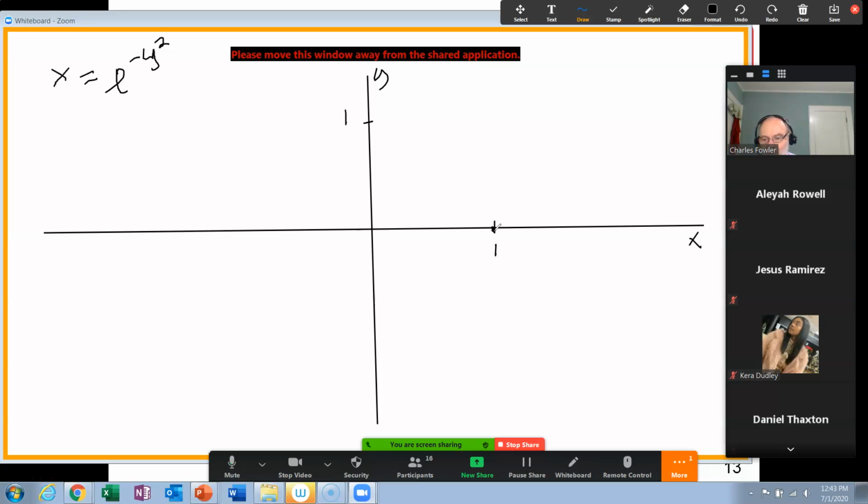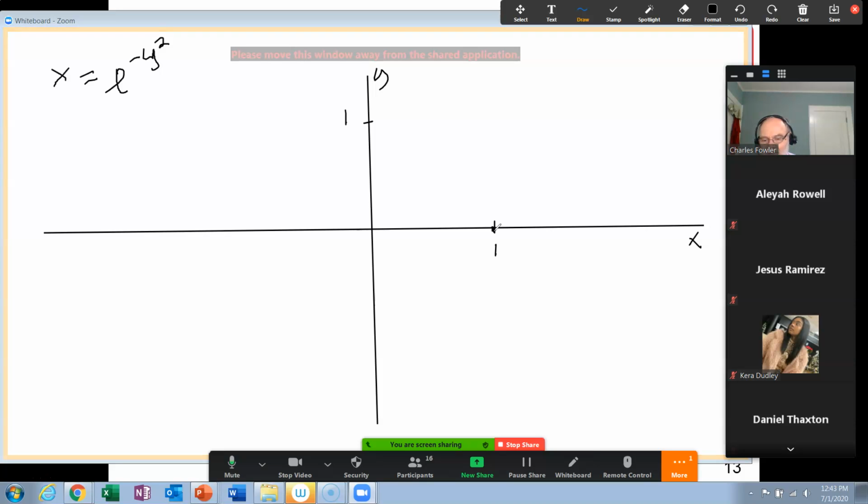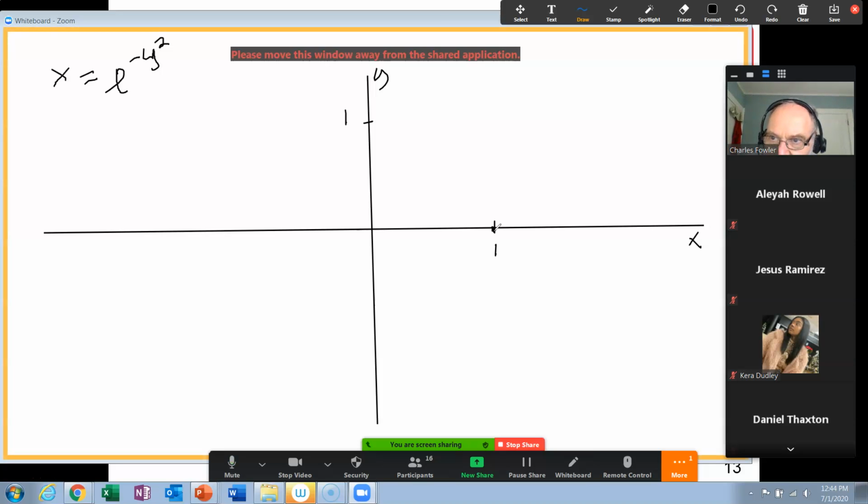On my phone I do a 1, plus-minus, and then e to the x. And that gives me 0.36788.